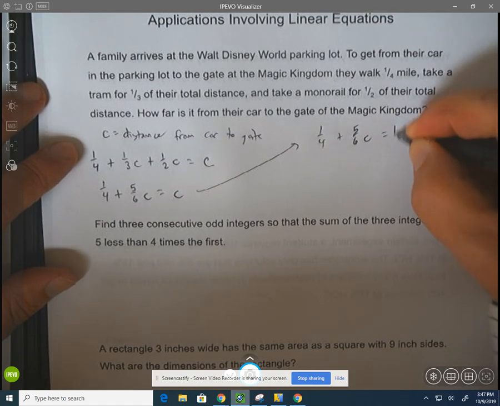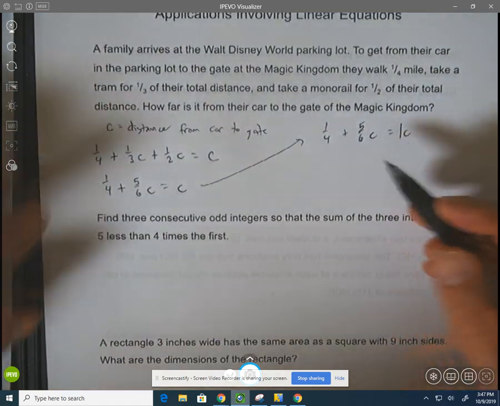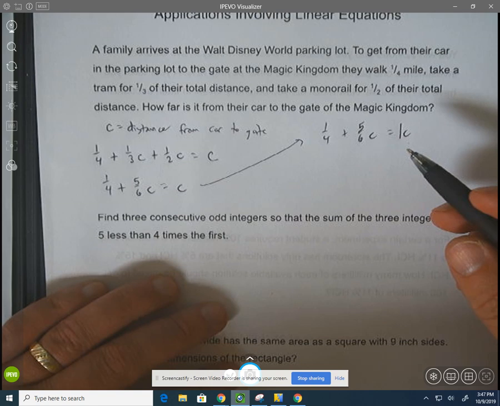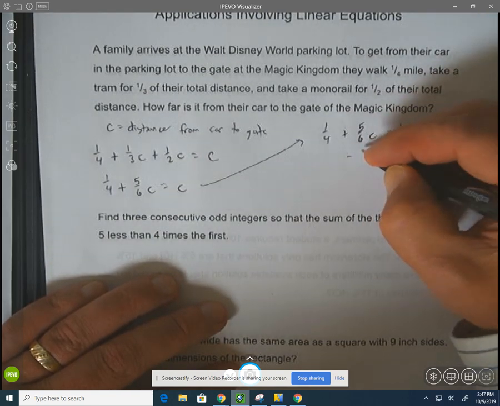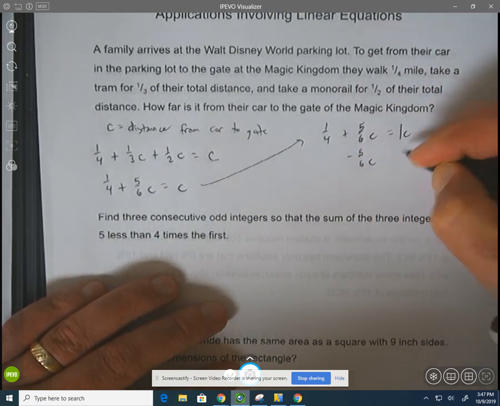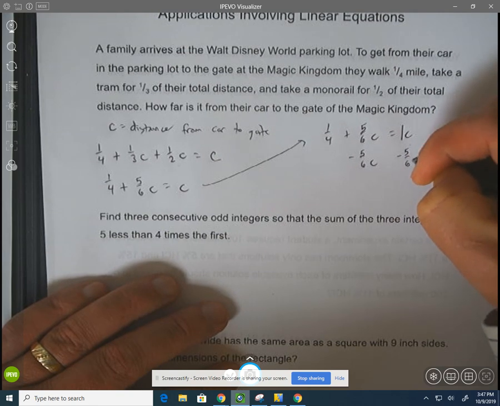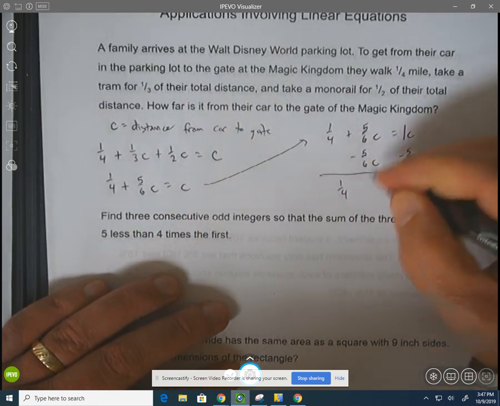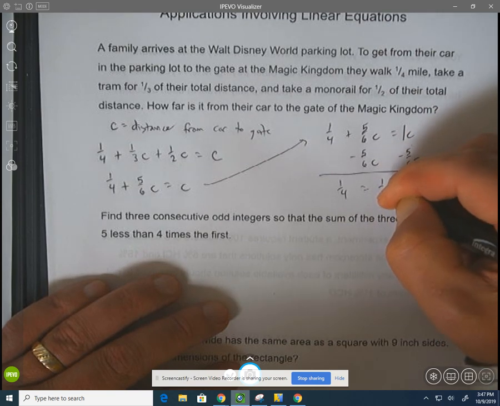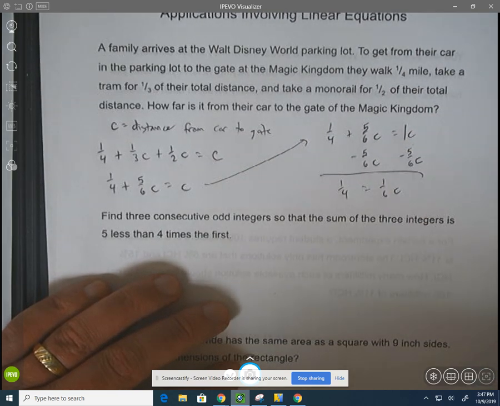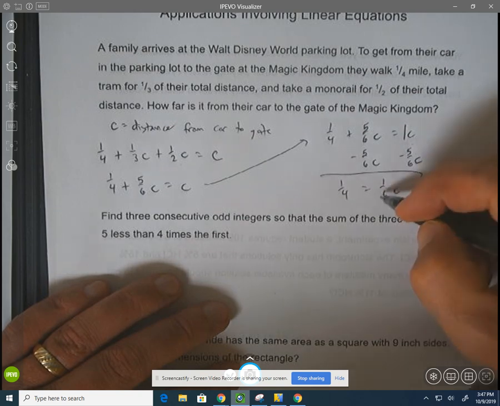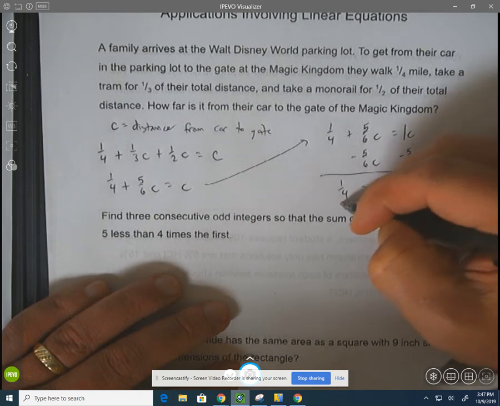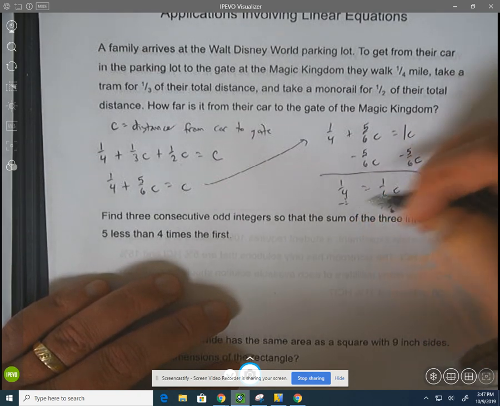So this C has a 1 in front of it. So again, I'm dealing with an equation with variables on both sides. So I get rid of the little guy. I'm going to do that like we talked about in the last video by subtracting 5/6 C. I get 1/4 equals 1/6 C. And then I want to divide by 1/6 on both sides.